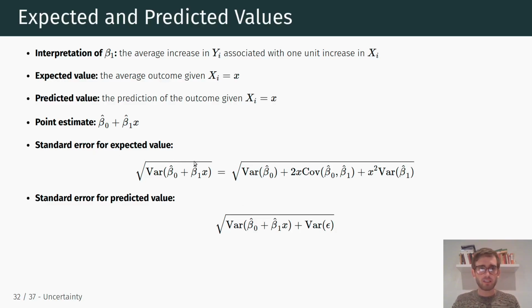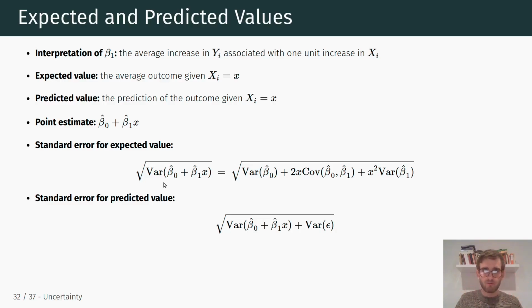We don't have to take this variance of the error term into account when we talk about the expected value, because the expectation of the error term is equal to 0. So if we take an average of a lot of repeated data generating processes, that error term is equal to 0, so it just cancels out when we look at the average outcome given xi being equal to x.